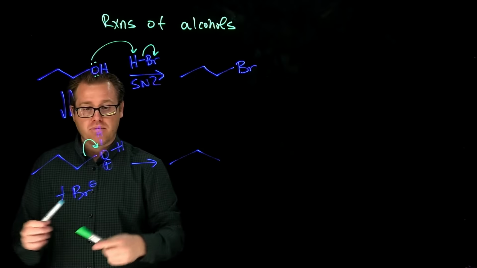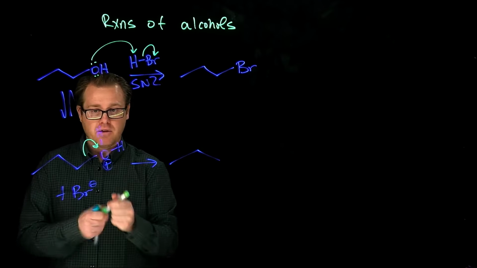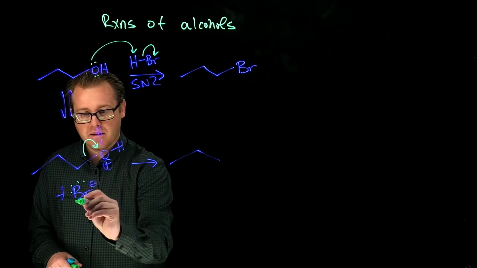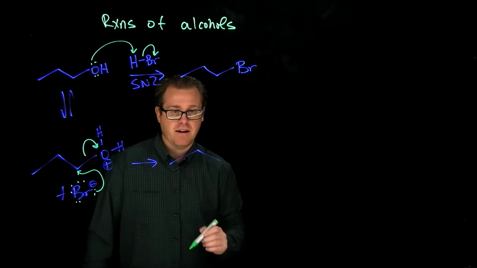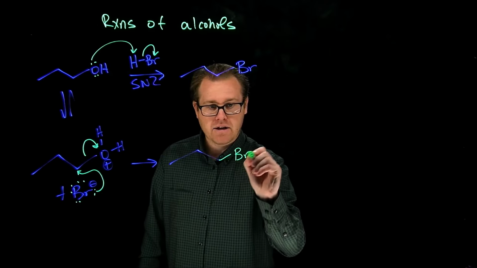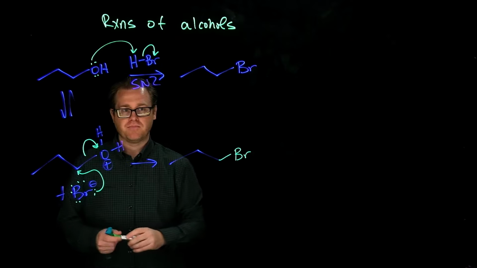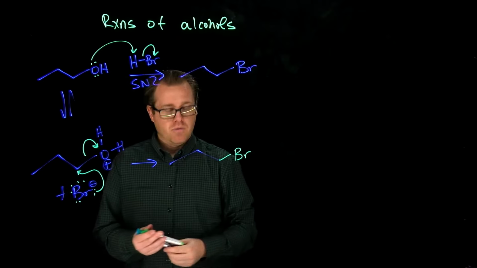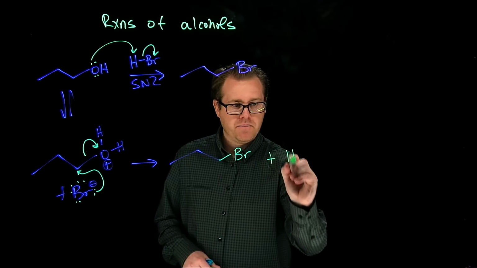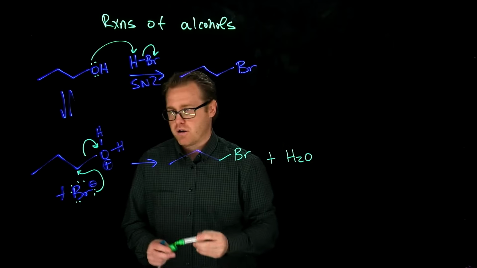So now that we have the bromide, we have a good leaving group, we would just have to do an SN2 style attack right there, and then that would attach our bromine right there. And what else would be left over here? We would have our water.